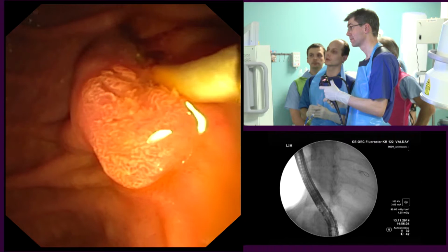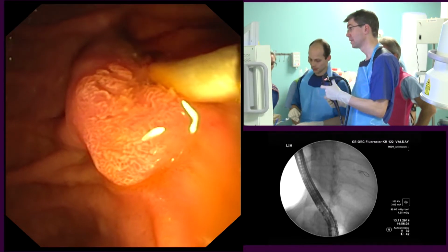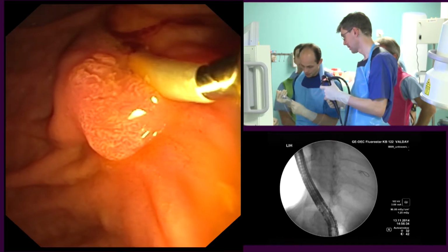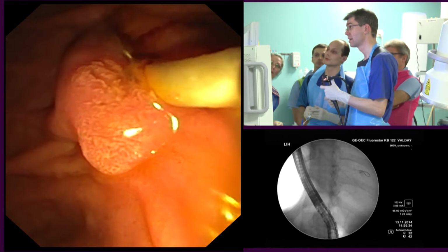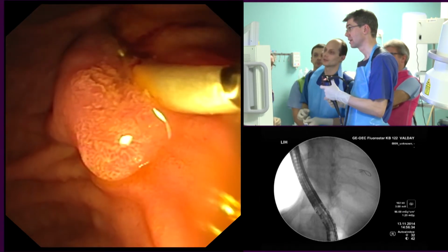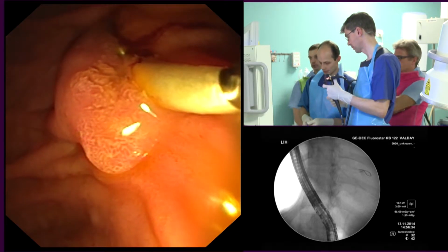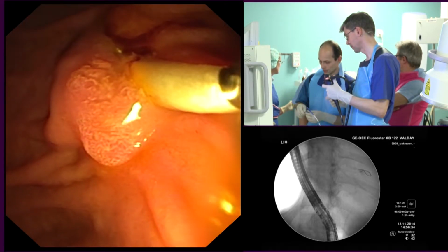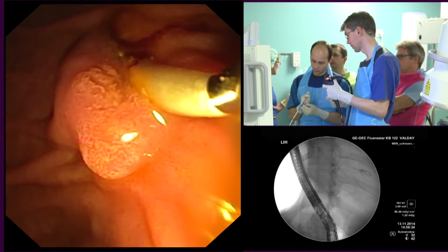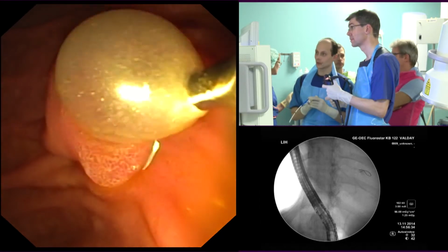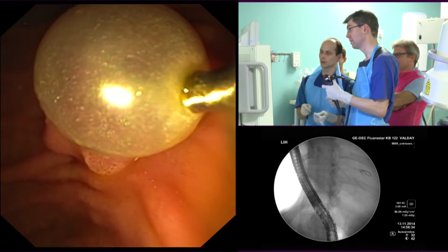Okay, we'll try to inflate the balloon outside, but for some reason we can't inflate it. Some problem with that. It's attempting to get inflated. Now it's working.